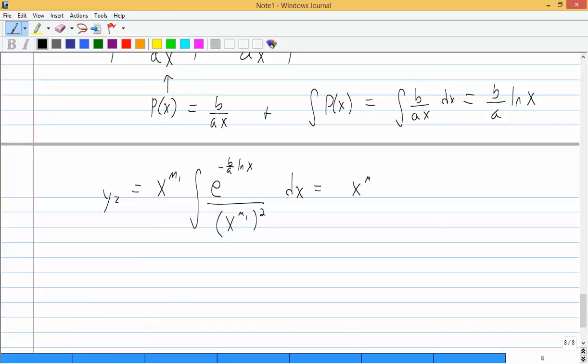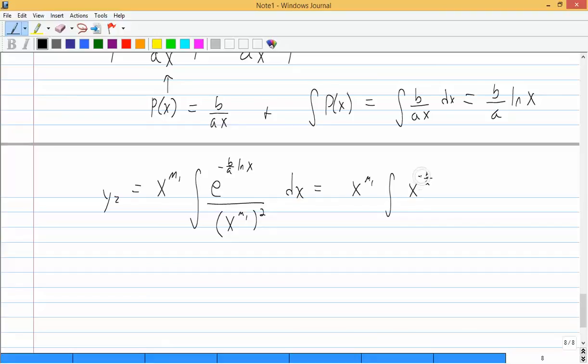That's x to the m sub 1 times the integral of, we have a property here with e to the natural log of x. If I move that up as the power, then the answer is just the power. So the answer would be just x to that power, because natural log is log base e, and that's a logarithmic property.